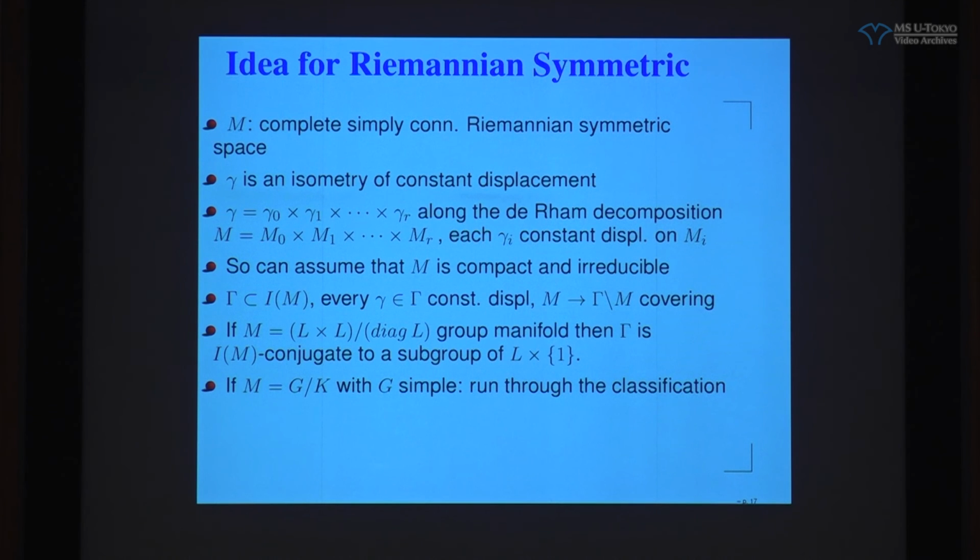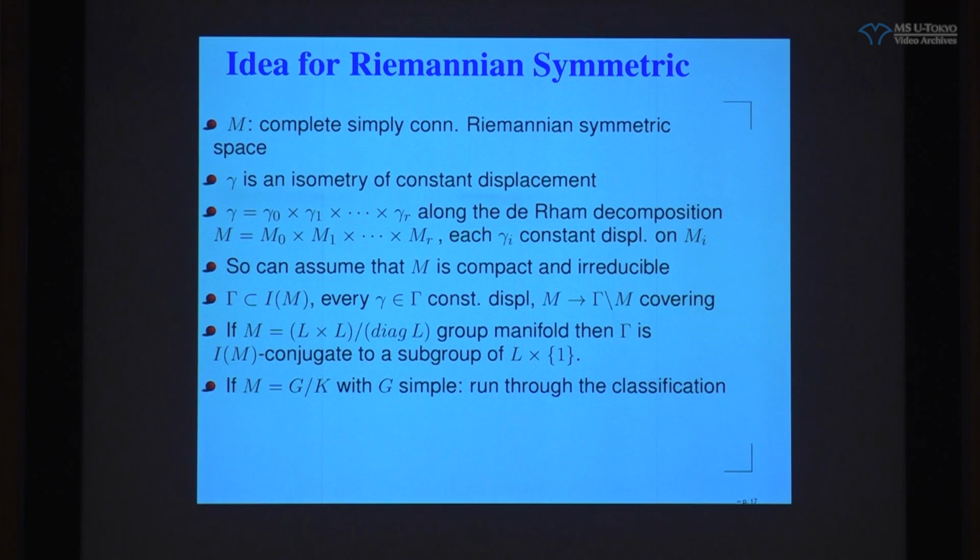And then running through the Cartan classification of Riemannian symmetric spaces, you see that in most situations the Euler characteristic has odd cardinality, and the group gamma would have to have elements of order 2.